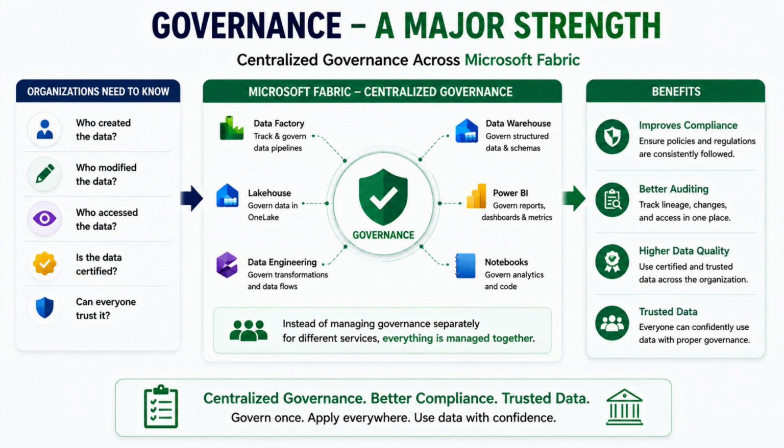Microsoft Fabric provides centralized governance across the platform. Instead of managing governance separately for different services, everything is managed together. This improves compliance, auditing, and data quality. So organizations can confidently use data knowing that the proper governance policies are consistently applied.